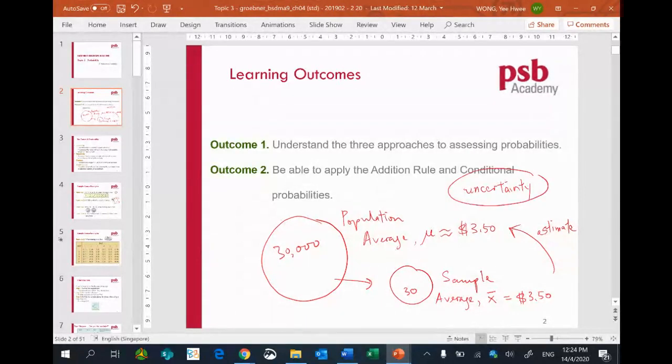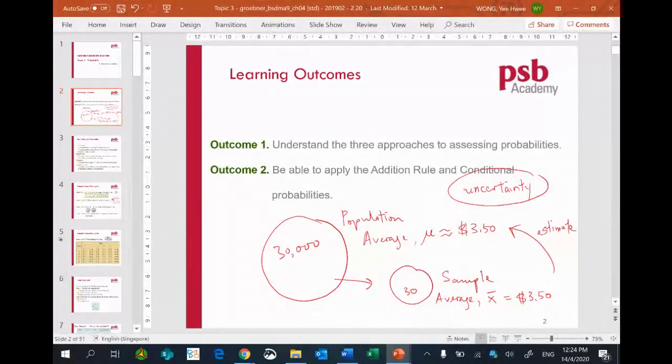So if we have that, then we introduce something called uncertainty. You are just doing an estimation, but with some possible error. So you cannot be 100% sure that this is $3.50. Maybe it is 90% sure that it's $3.50, but you have 10% not sure.